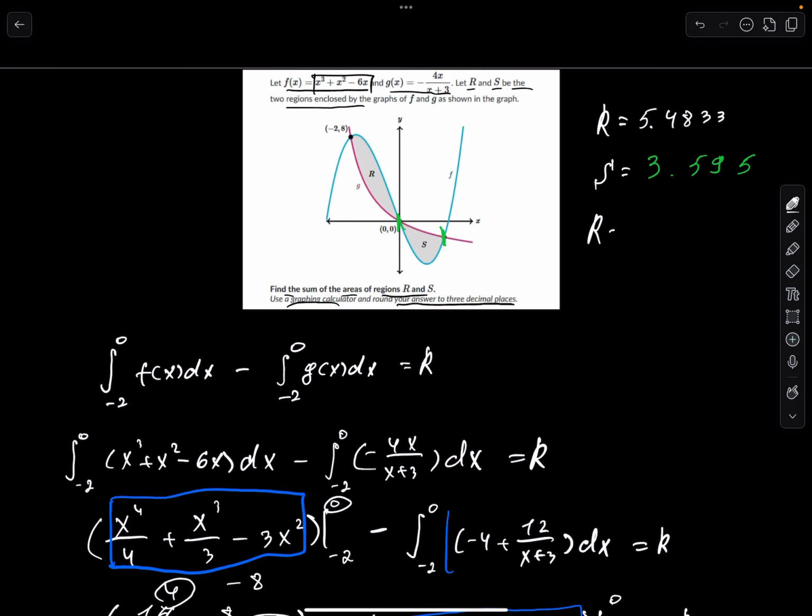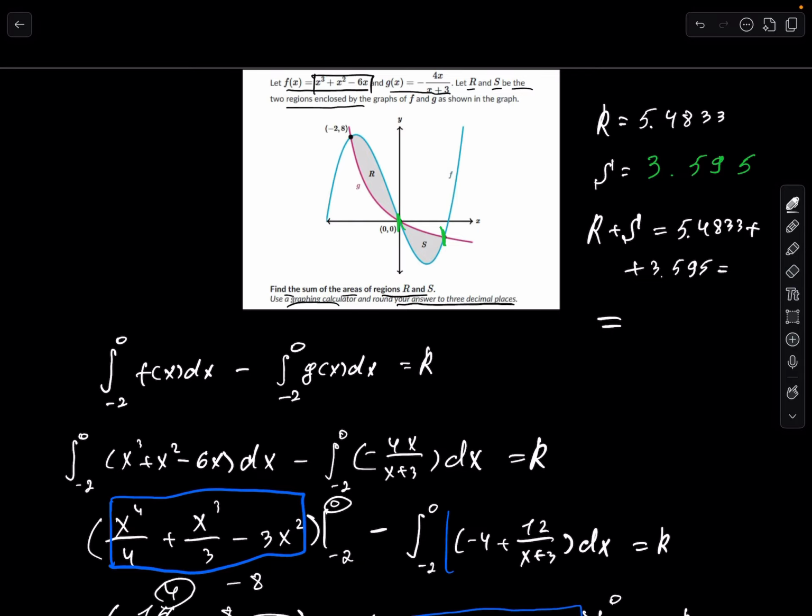So R plus S, which is exactly what we were solving for. Here it says, find the sum of the areas of regions R and S. This is equal to 5.4833 plus 3.595. It says also round your answer to 3 decimal places.